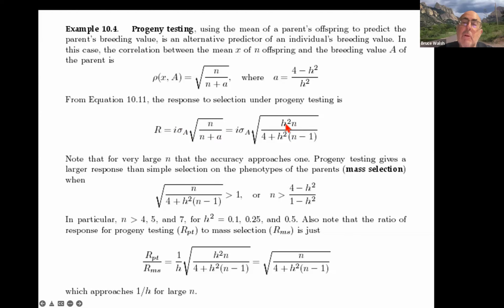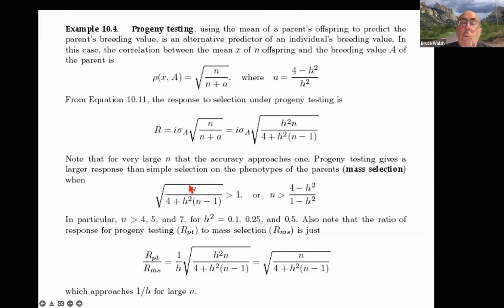And if you look, heritability comes in there, I pull out a heritability, I get an H. And so this term here is the advantage or disadvantage from using progeny testing. So I get i, H, sigma squared A. That would be the normal expression, choosing individuals just based upon their phenotype. This is the additional amount based upon choosing N of their offspring.